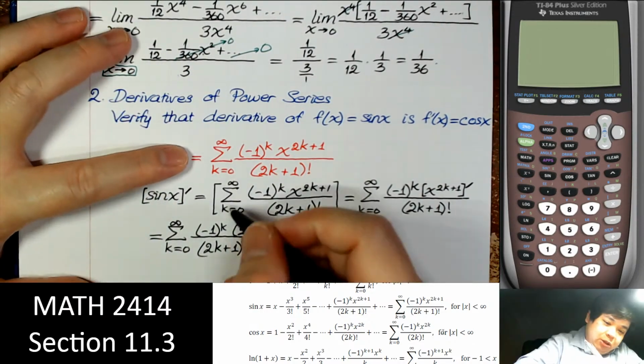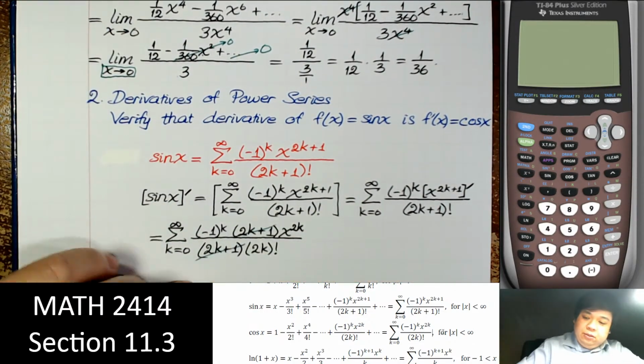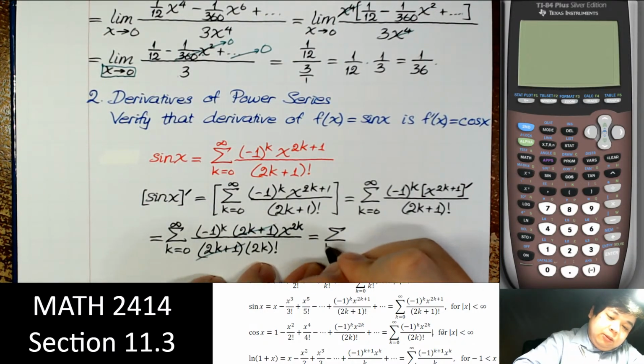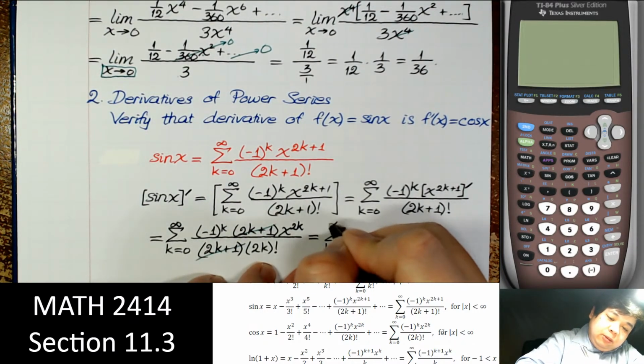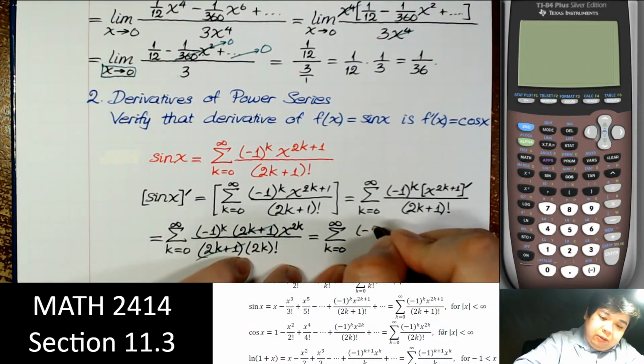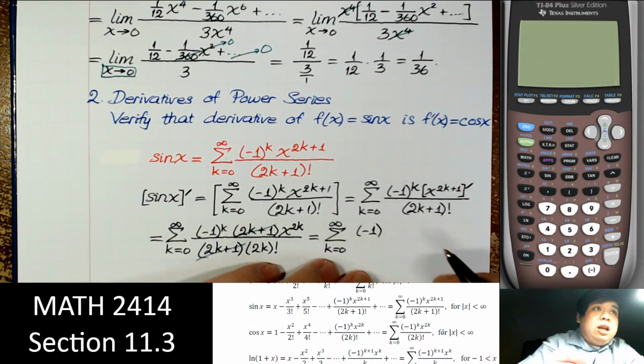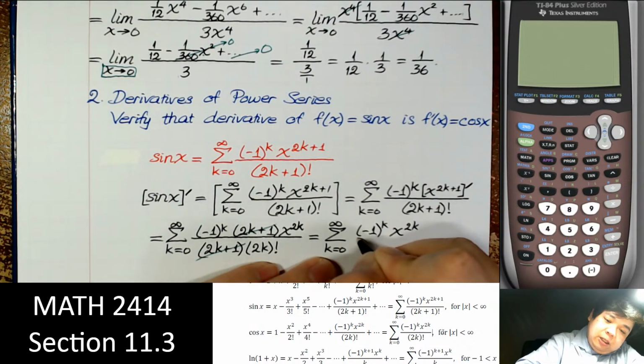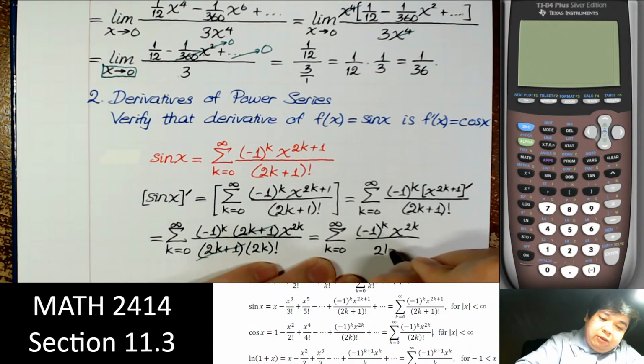And then when we cancel this out, we just have negative 1 to the k, x to the 2k over 2k factorial.